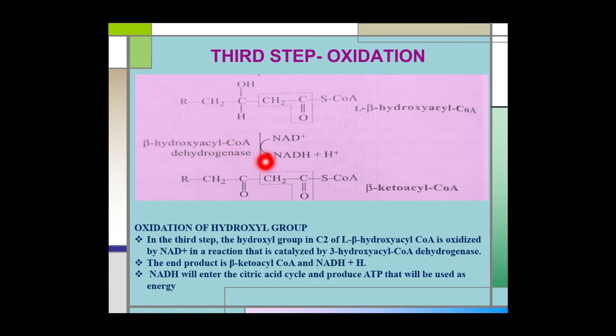The end product of this reaction is beta ketoacyl CoA, and one molecule of NADH plus H plus gets produced. This NADH will enter the citric acid cycle and produce ATP, which will be used as energy.